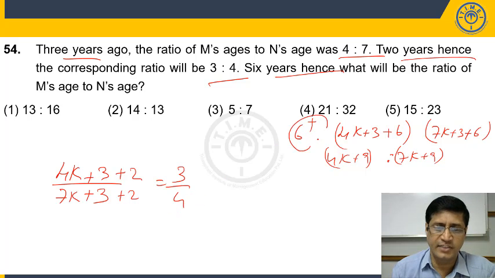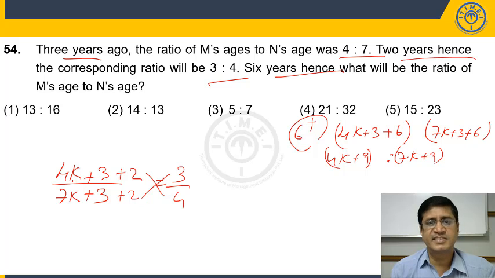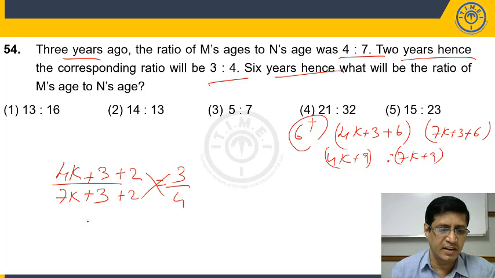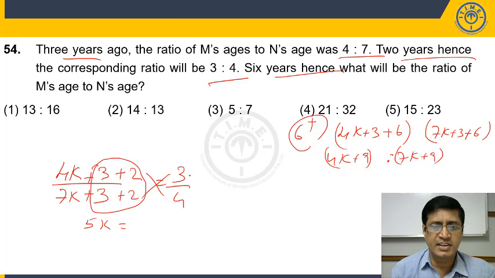Now by doing cross multiplication, 4 into 4K is 16K. 3 into 7K is 21K. 21K minus 16K is 5K. So 5K is equal to, since the same value is added on either side, just observe the difference in these 2 parts. 3 and 4 difference is 1. 1 into 5, that is 5.